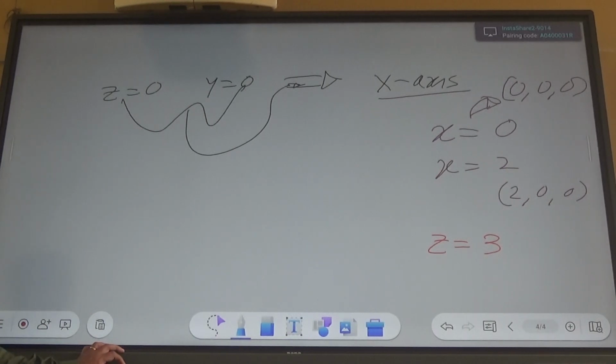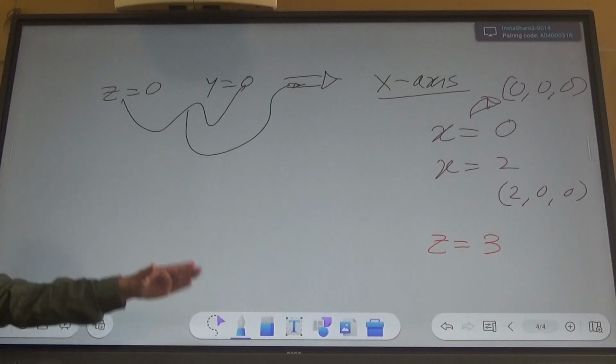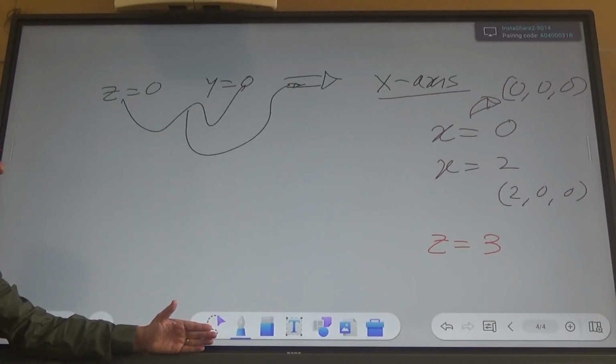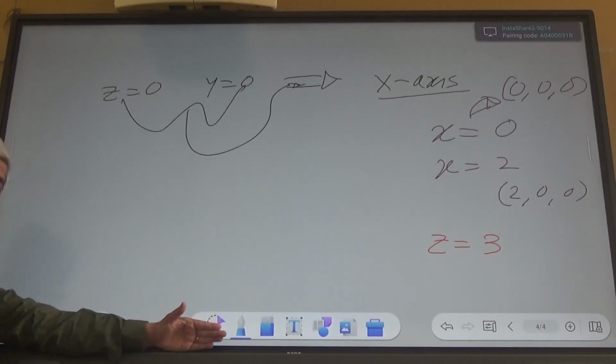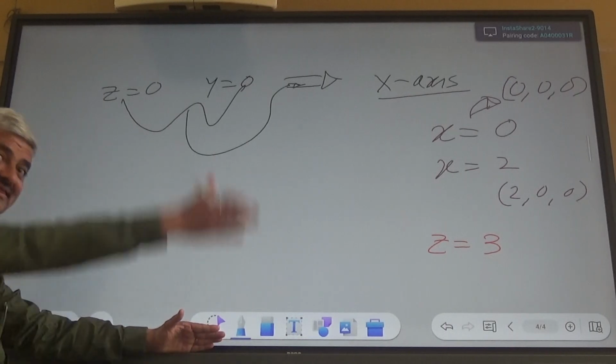XY plane crossing Z equal to मग सोल्युशन नो सोल्युशन. पहिल्या दोन प्लेन मुळे ही लाईन आहे एक्स ऍक्सिस आणि आता Z equal to 3 कुठलं प्लेन? ही लाईन आणि हे प्लेन.